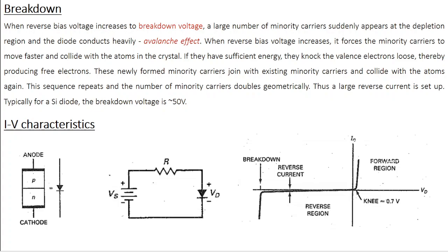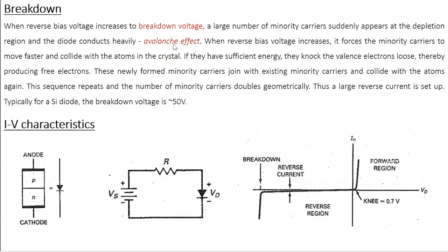You start with minus 1 volt, 2 volt, 10 volt, 20 volt, etc. When you reach a particular voltage known as the breakdown voltage, suddenly a large number of minority carriers appear at the depletion region, and you have a huge current because of these minority carriers, and the diode conducts heavily.